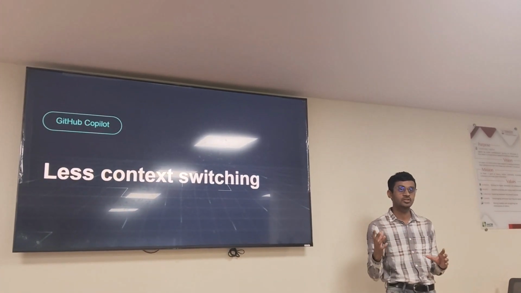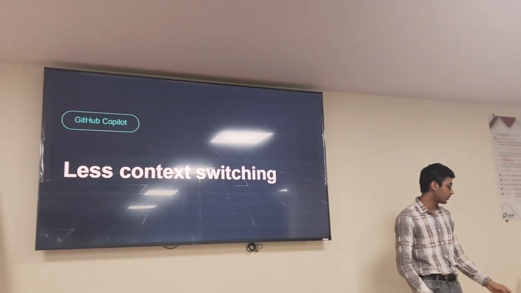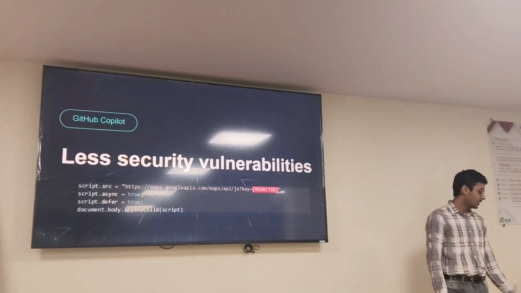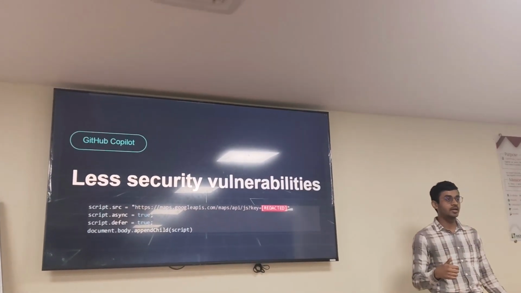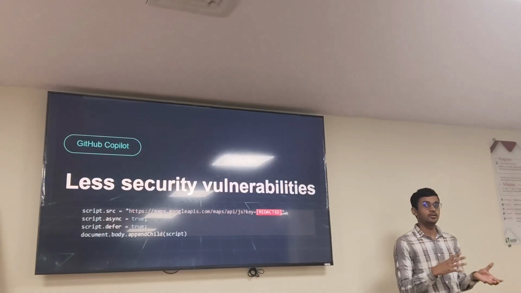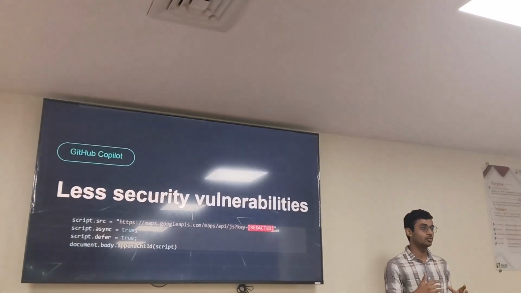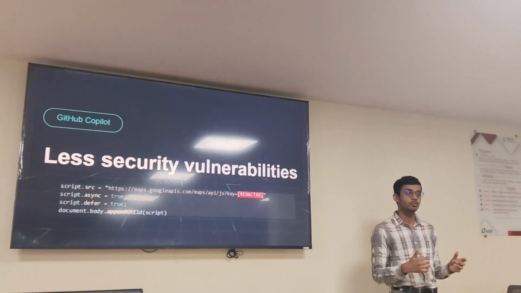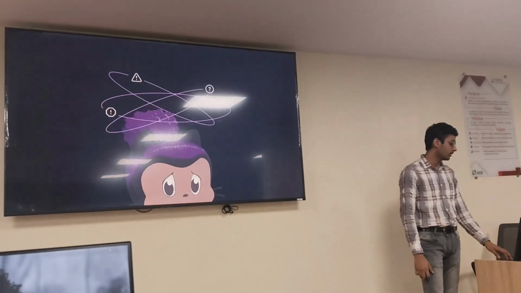So you don't have to switch tabs, you don't have to switch to a different browser. Okay, and there is also security, like if you have an API key that you do not want to expose, it helps protect the key as well.